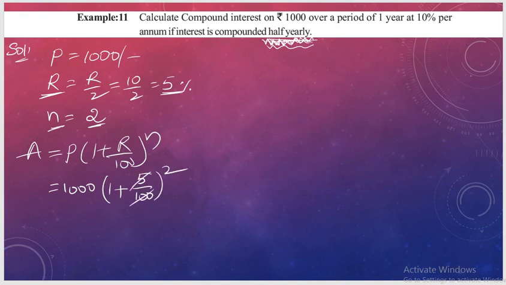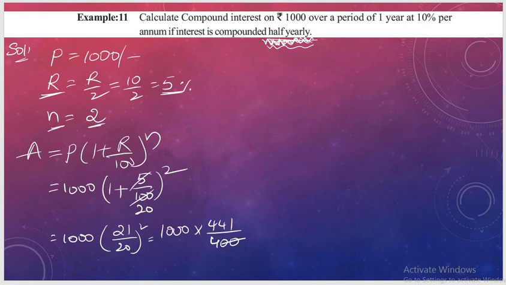This 5 in 100 goes 20 times. Then I can write it as 1000 into 20 plus 1, 21 by 20 whole square. So this gives me 1000 into 21 square, which is 441, by 20 square, which is 400. From this I can cancel out 2 zeros.